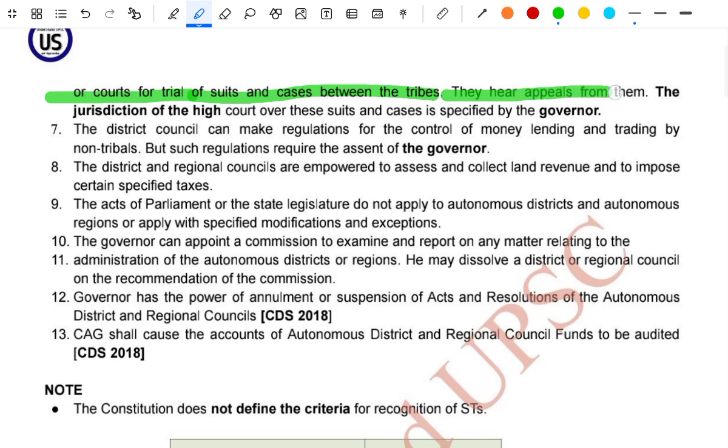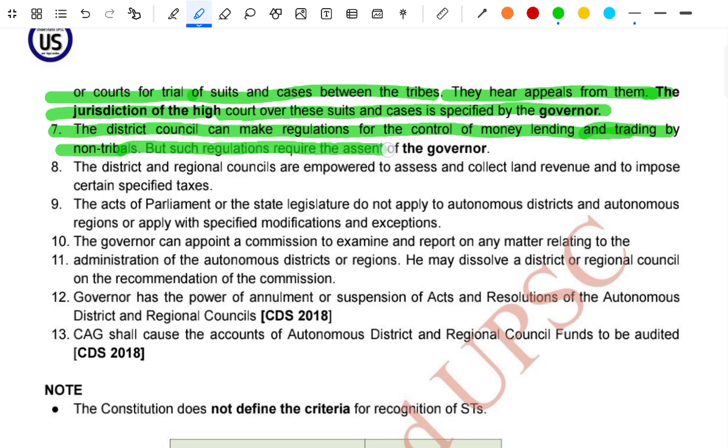They hear appeals from them, and the jurisdiction of the High Court over these suits and cases is specified by the Governor. The district council can make regulations for the control of money lending and trading by non-tribals, but such regulations require the assent of the Governor.